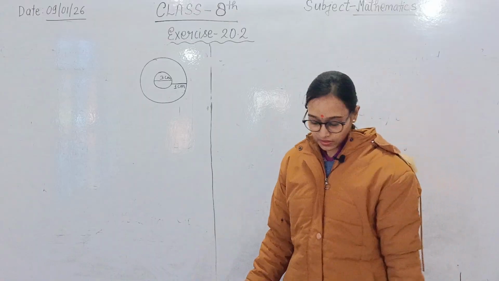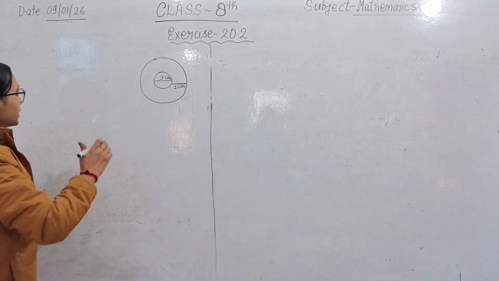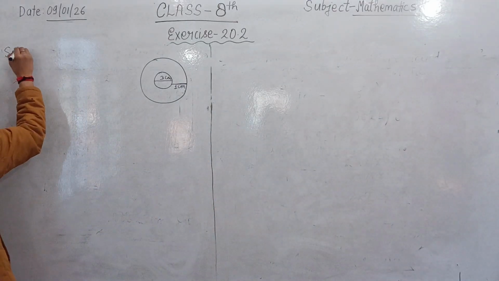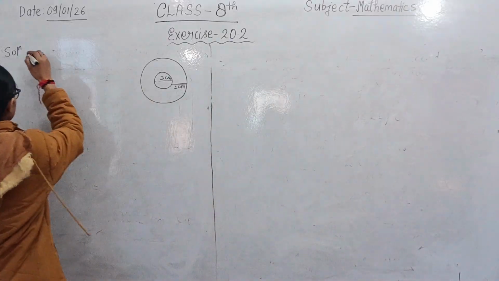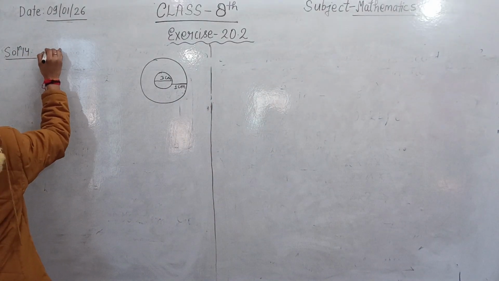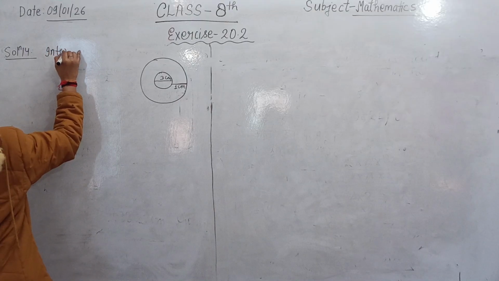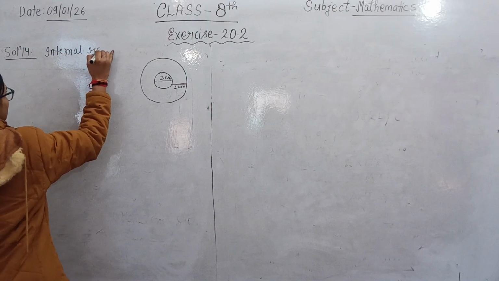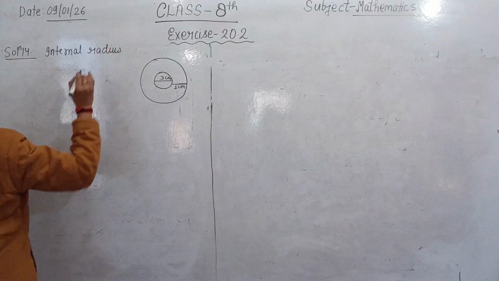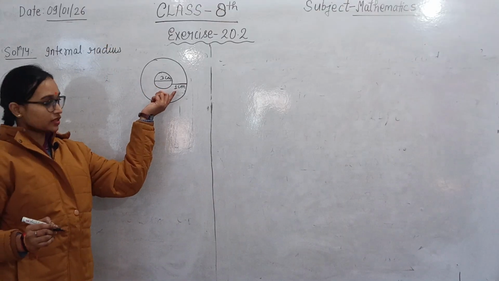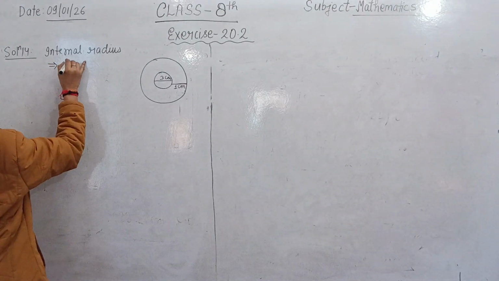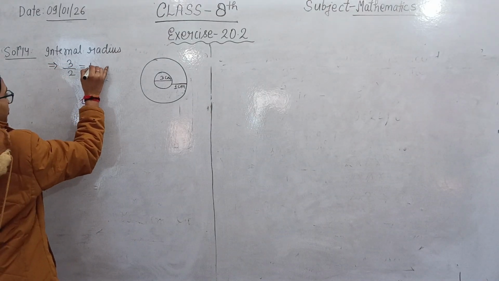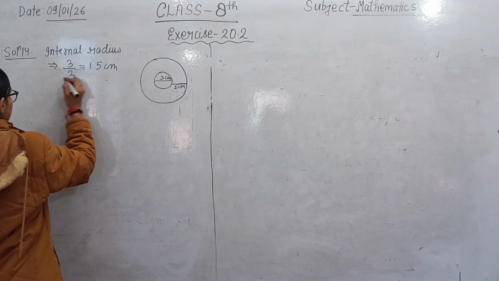So firstly we will calculate the internal radius. This bore is given as 3 centimeter, means it is given as diameter. So when we calculate the radius, it will be diameter upon 2, that is 1.5 centimeter.